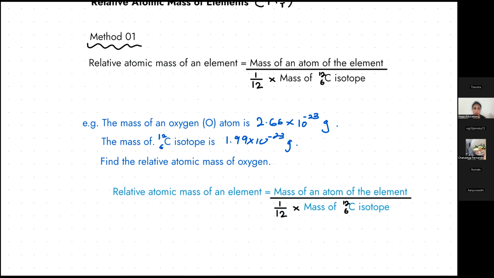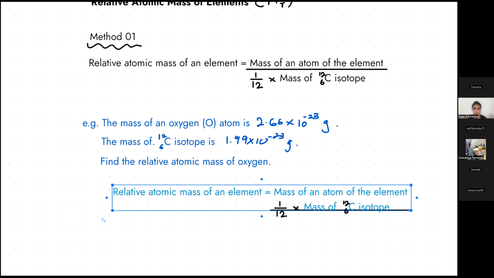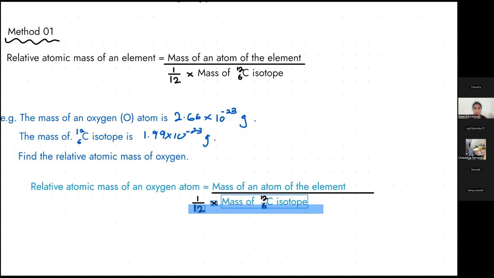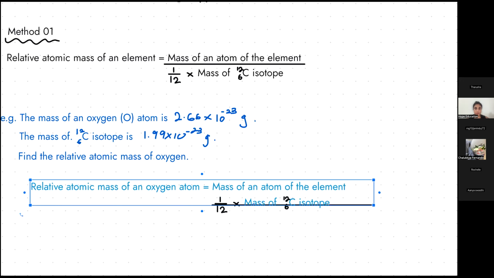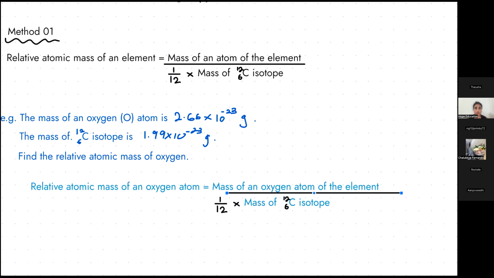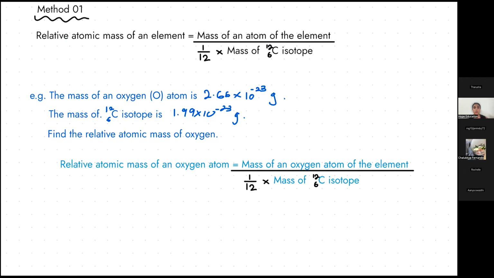Here we are talking about oxygen, so I'm going to make a change: mass of an oxygen atom divided by 1 over 12 of the mass of a carbon-12 isotope.